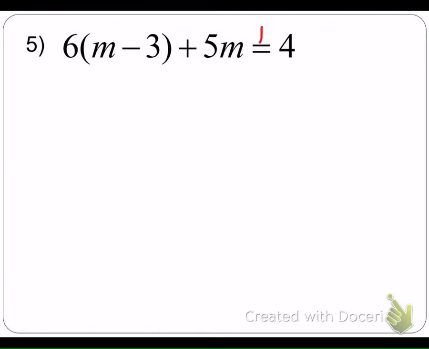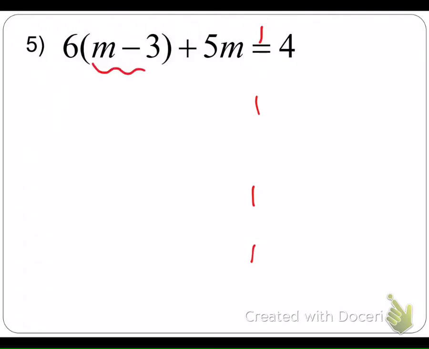All right, so write this down. Here's our line of equality. All right, what should I do? Yeah, I want to get rid of the parentheses.